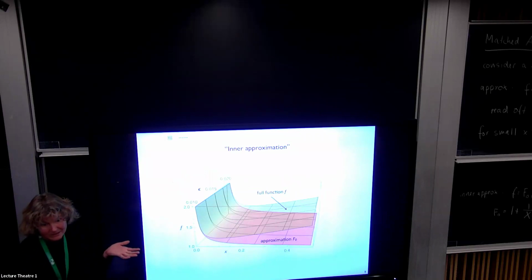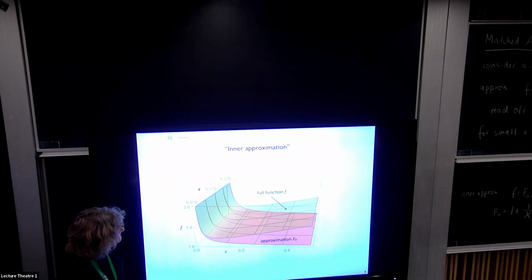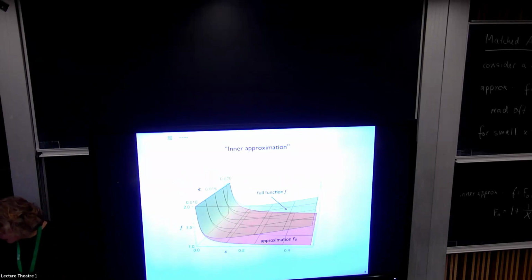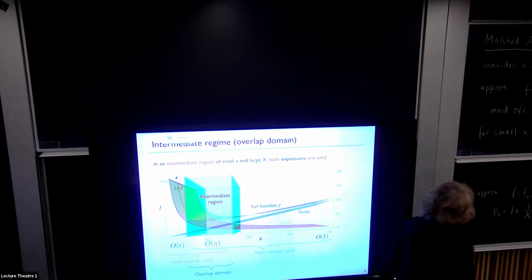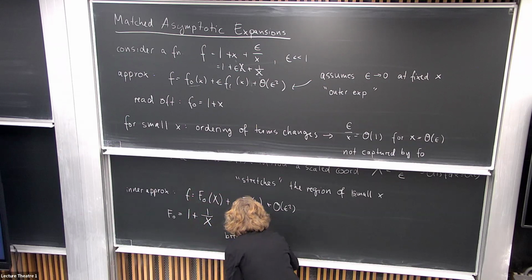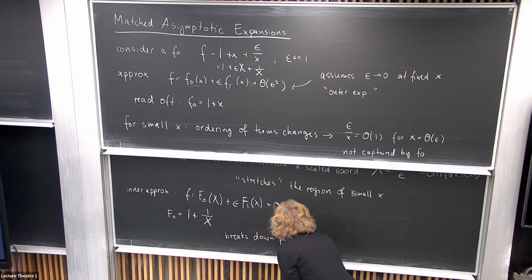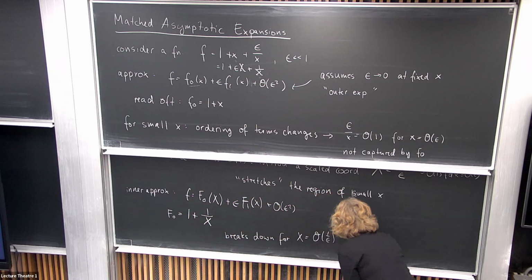When big X becomes large, of order 1 over epsilon. Let's just write it down: it breaks down for X order 1 over epsilon, which is large.